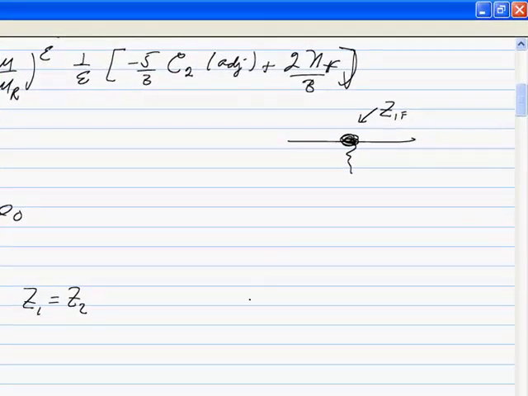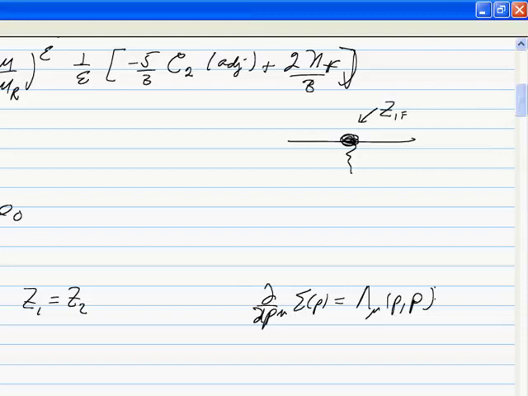And we worked on this and we showed it from taking d by d p mu of sigma of p, that was lambda of p and p, the diagonal vertex function.